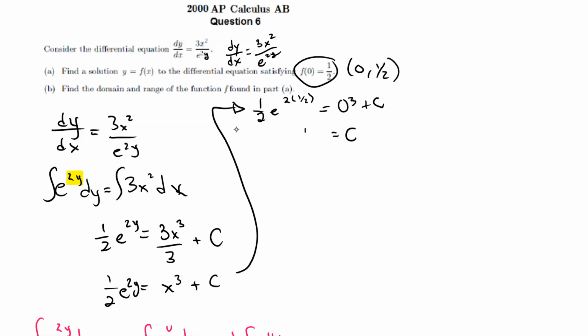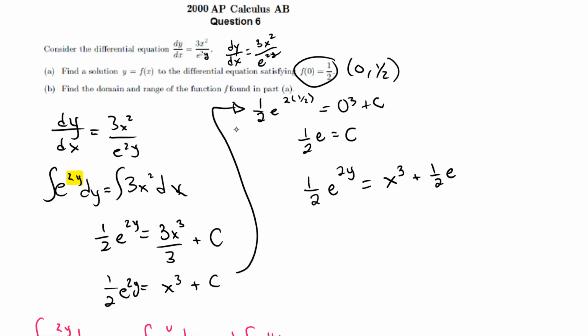So we got c equals 1/2 e to the 1, so 1/2 e. So my equation then is 1/2 e to the 2y equals x cubed plus 1/2 e, whoops, my bad.